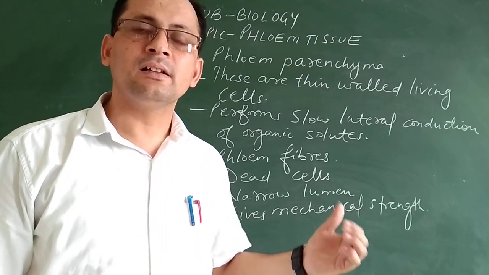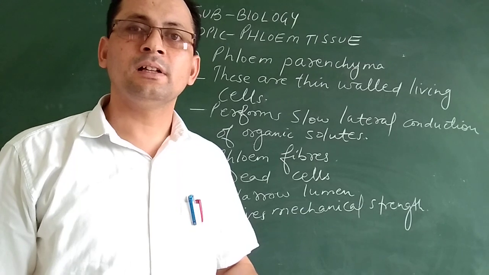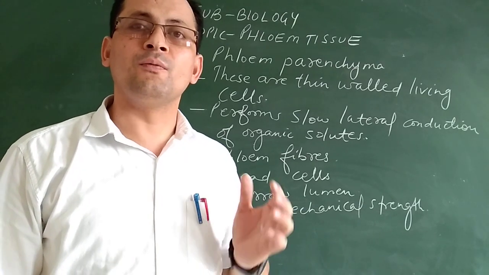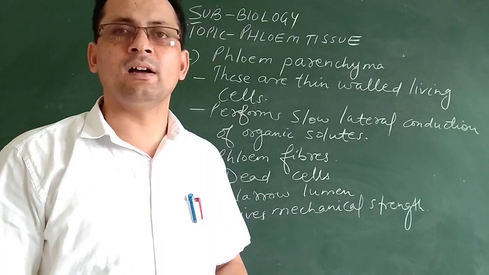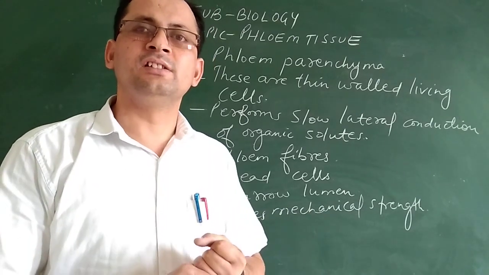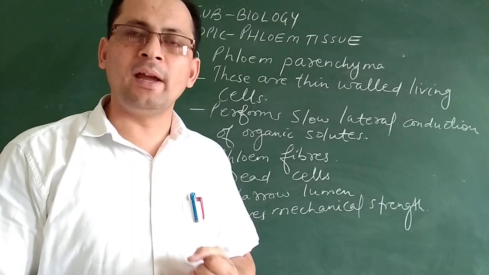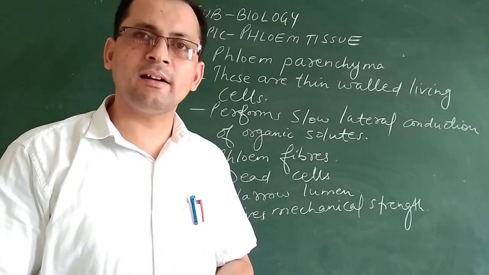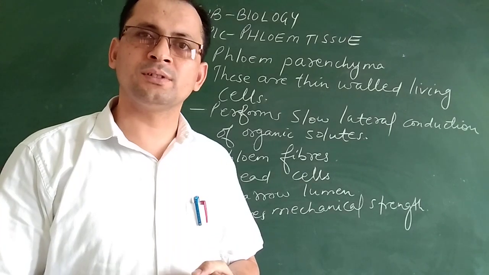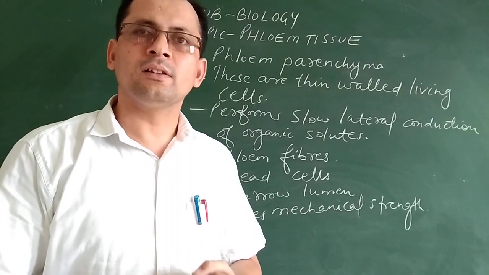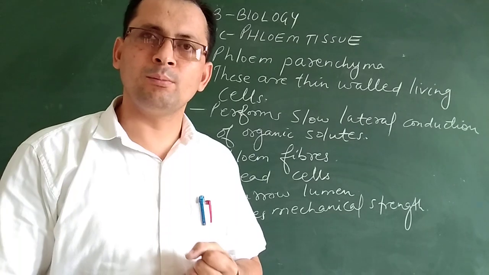These phloem fibers help the plant to withstand harsh climatic conditions. So these four, sieve tubes, companion cells, phloem parenchyma and phloem fibers, are the four types of cells of which the phloem tissue is made up.